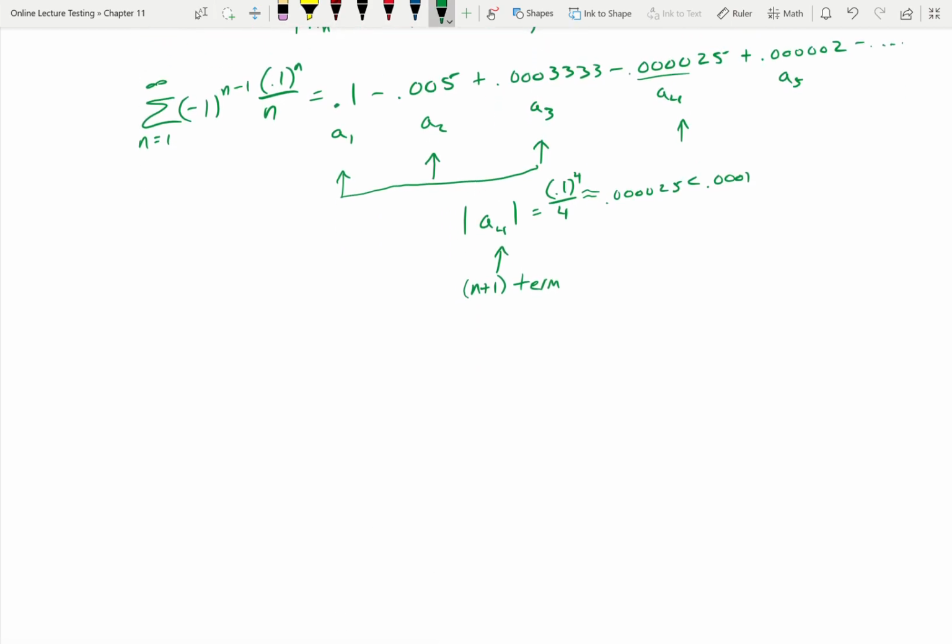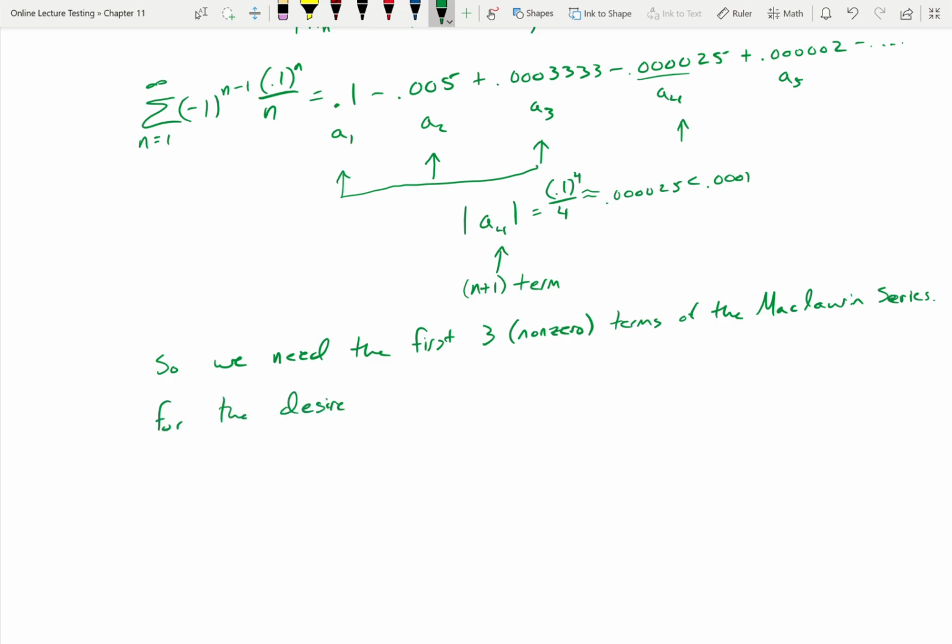Okay, so we need the first 3 non-zero terms, in case zeros pop up, of this Maclaurin series for the desired accuracy.